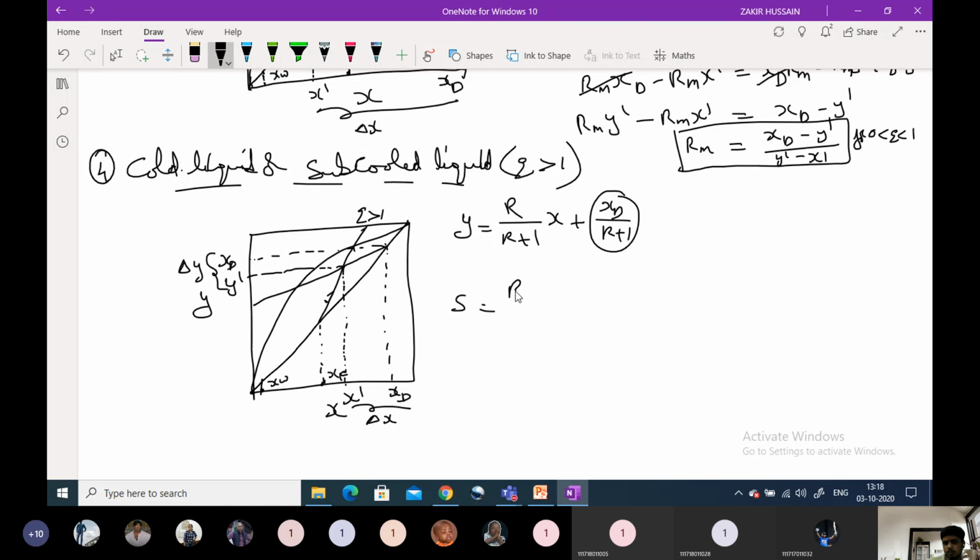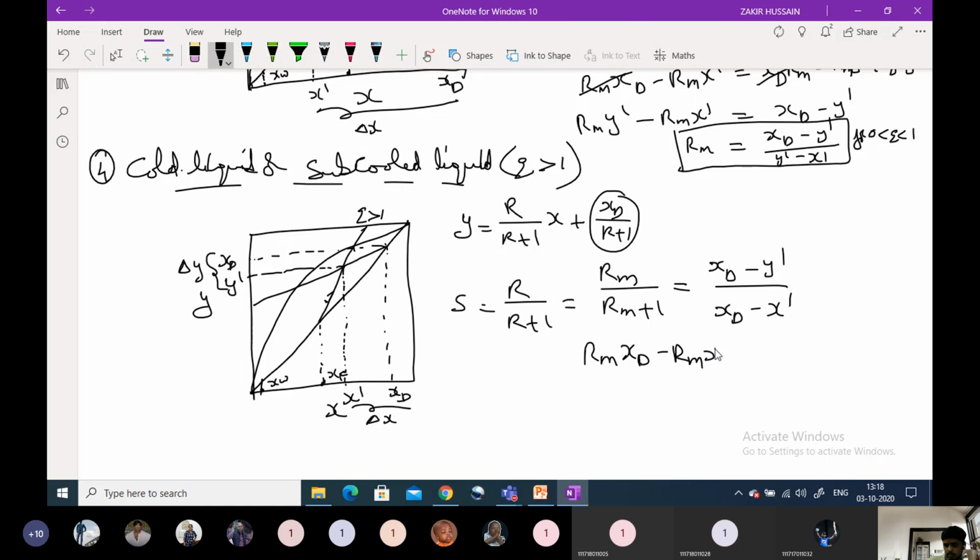So slope is equal to R by R plus 1, which is equal to Rm by Rm plus 1, which is equal to delta y by delta x. Delta y is xd minus y dash, divided by xd minus x dash. We need to expand this one, writing direct steps since both are the same.